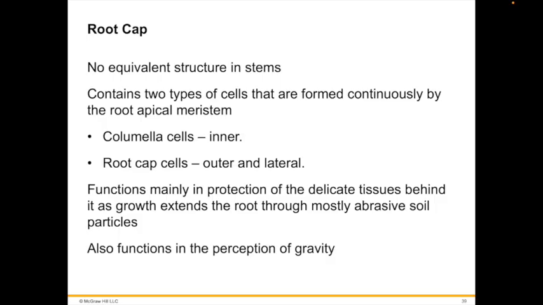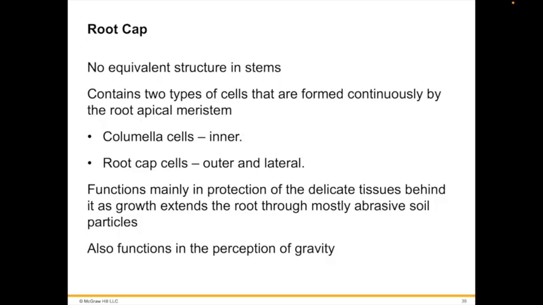The root cap cells, which have an average life of less than a week, are constantly being replaced from the inside. Golgi bodies in the outer root cap cells secrete and release a slimy substance called mucigel, which passes through the cell walls to the outside.